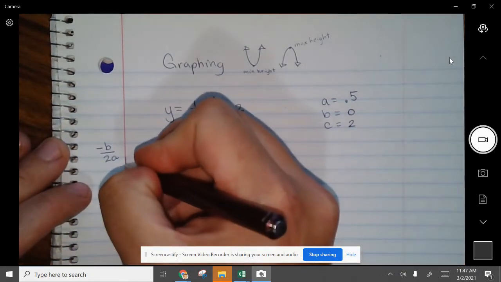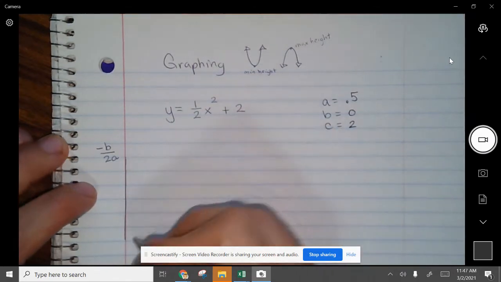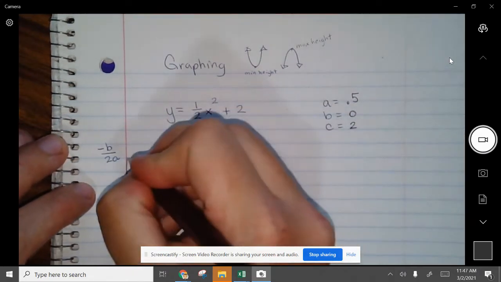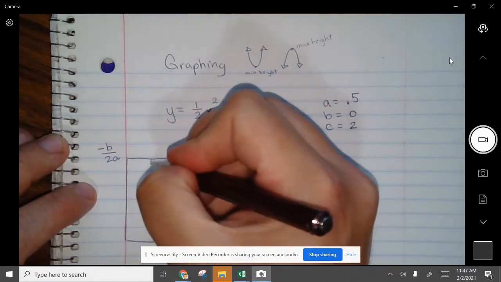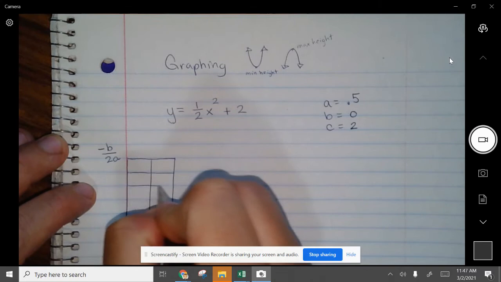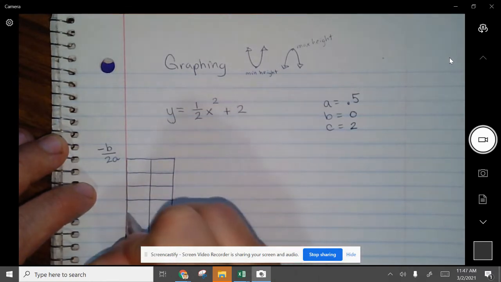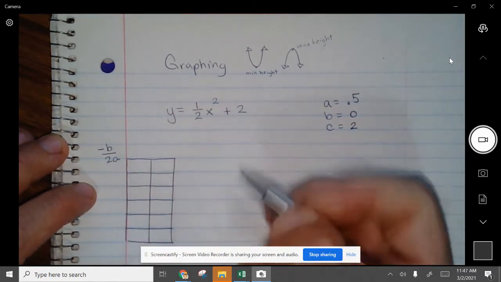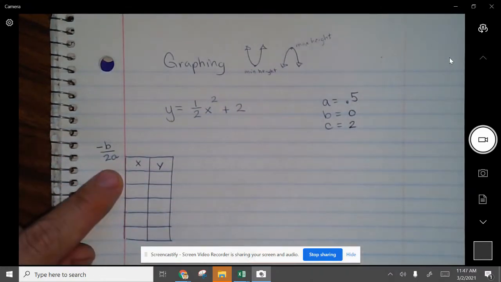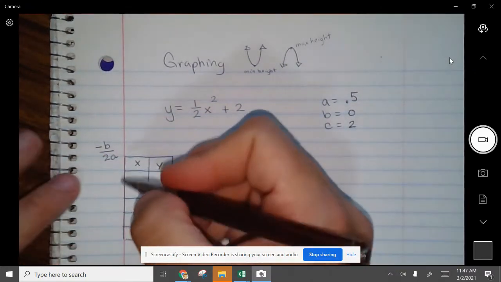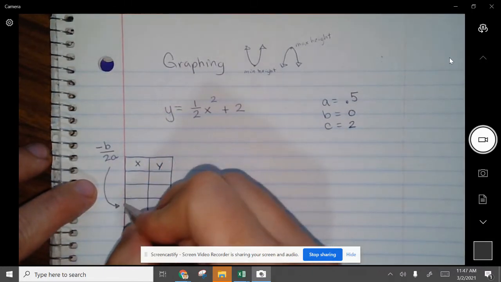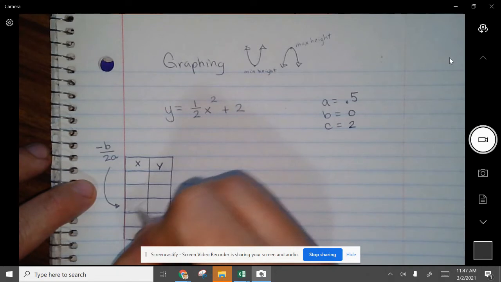And if you remember, I'm going to show you that when you create your table of points, isn't that what you're doing here? I'm trying to keep this neat so you guys can have an idea. Your table of points here, the negative b over 2a goes right here, in this x, right?